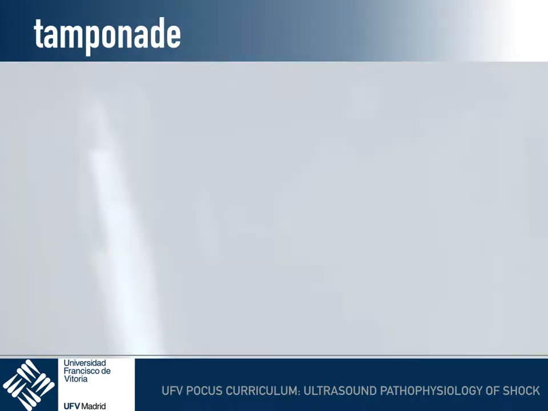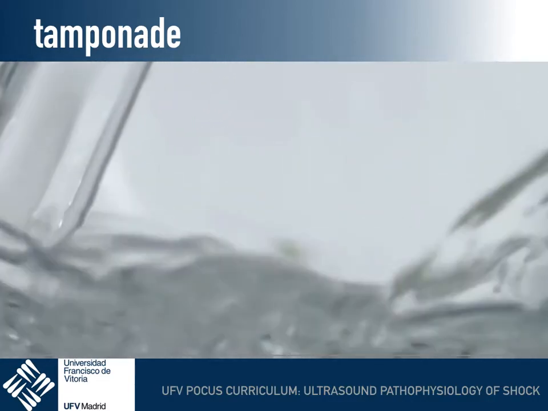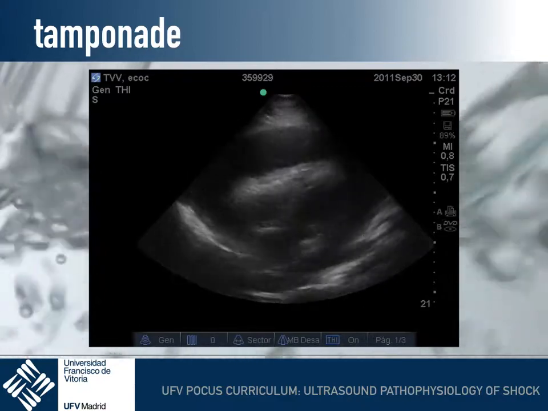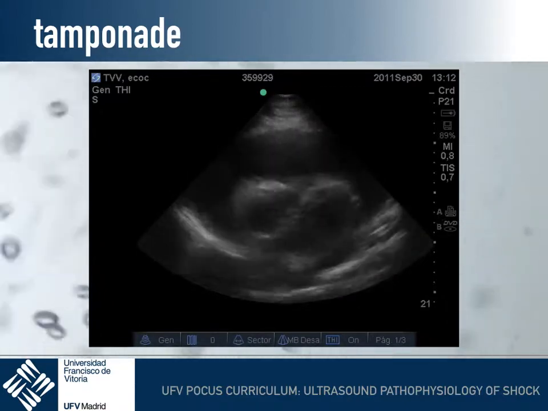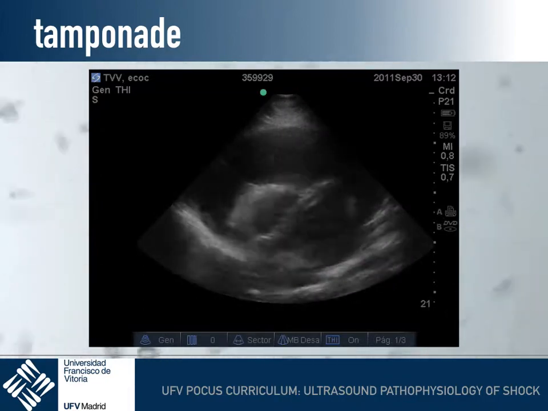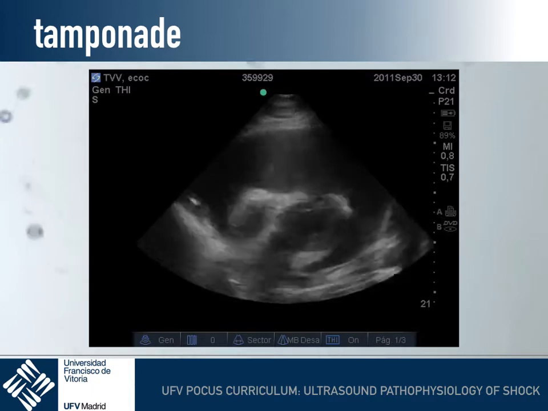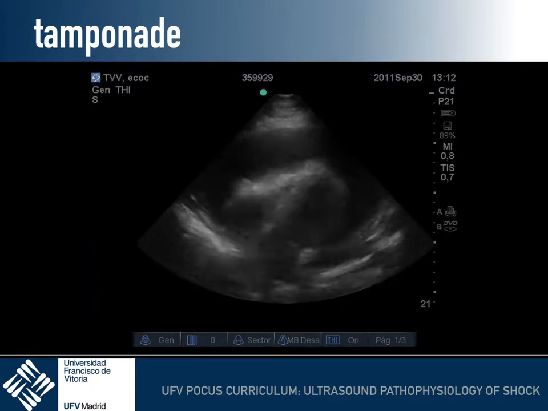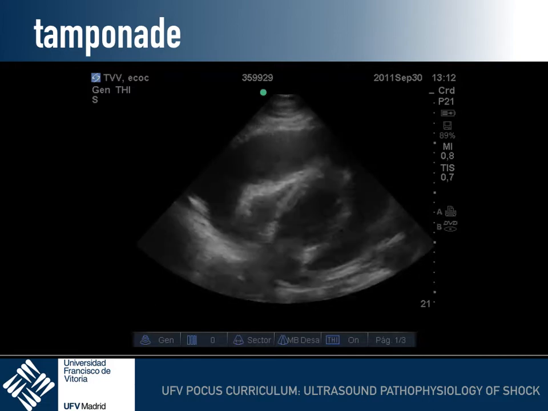Tamponade. In our clinical environment, in our daily practice, for having a tamponade we need fluid around the heart. Like in this case, there's a subcostal view of the heart, and the heart is totally surrounded by a black, anechoic structure, which is fluid for sure. But we cannot assess just the quantity.